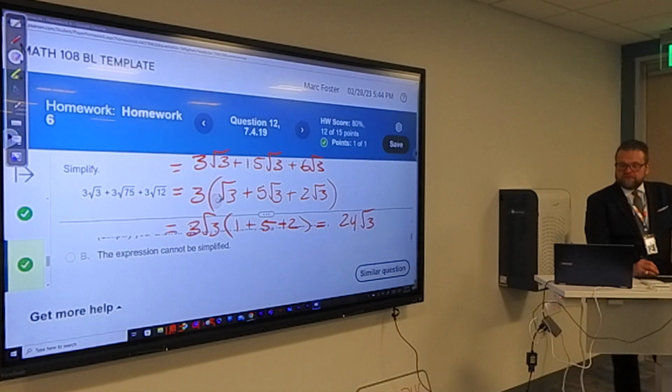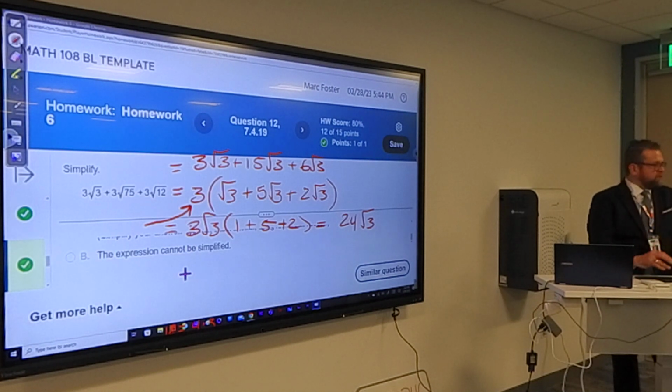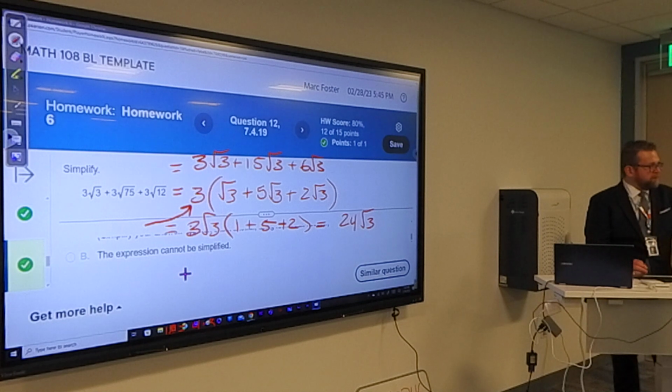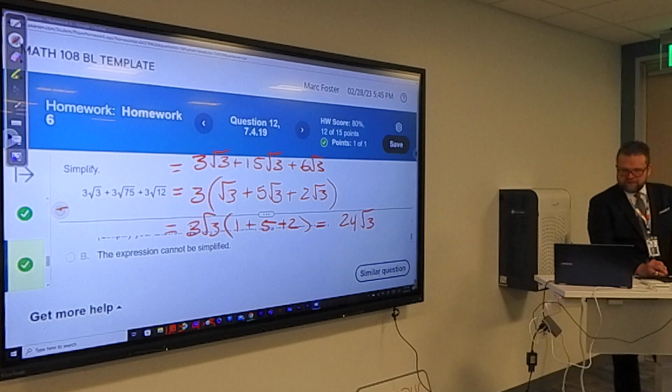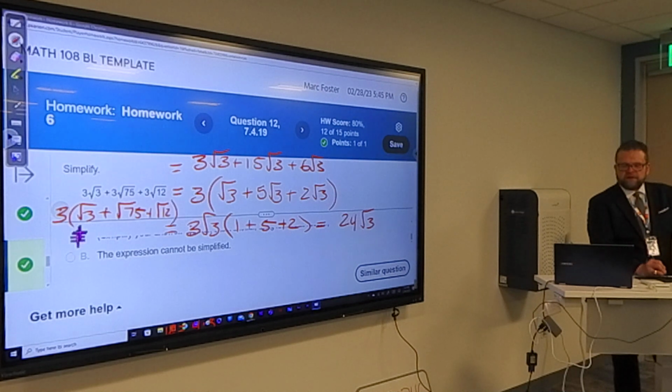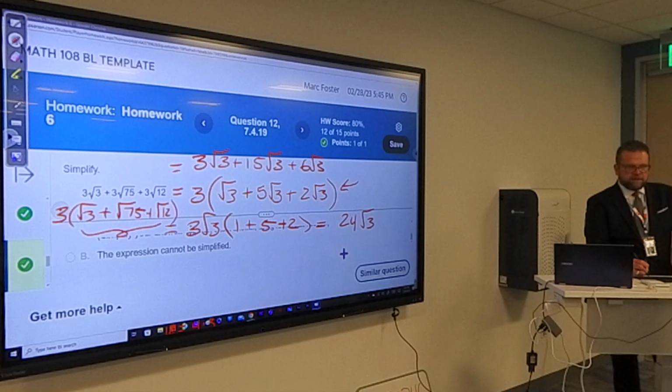And I don't like to carry around heavy bags, so I can just move it to the outside by the distributive property, and they're equivalent. Then I'm only having to look at square root of 3, 5 square root of 3, and 2 square root of 3. Or really, this is 3 times root 3 plus root 75 plus root 12, and I'm just simplifying this part. It simplifies to be this.